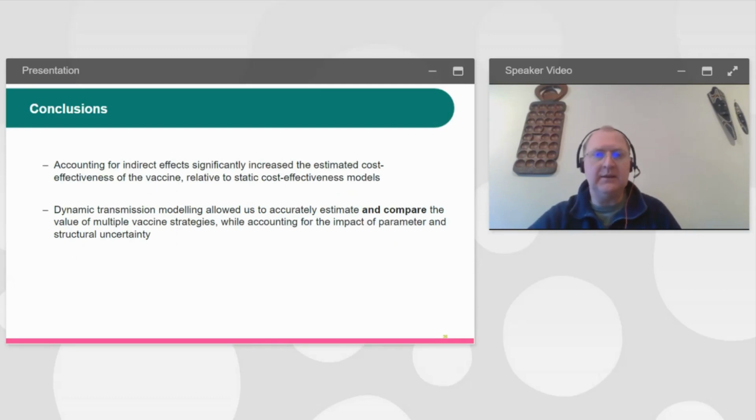And so, in conclusion, this methodology allows us to account for indirect effects and the significant impact they have on estimates of cost effectiveness of a vaccine in a way that static models cannot do. And it demonstrates how dynamic transmission modeling allows us to estimate and compare multiple scenarios, the cost effectiveness of individual scenarios, whilst taking into account all of the uncertainty involved.